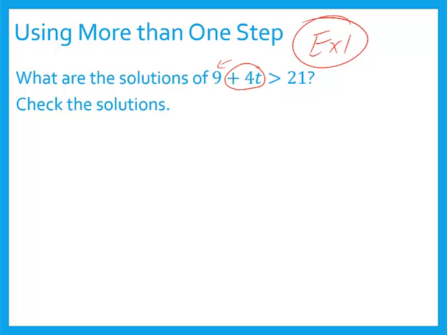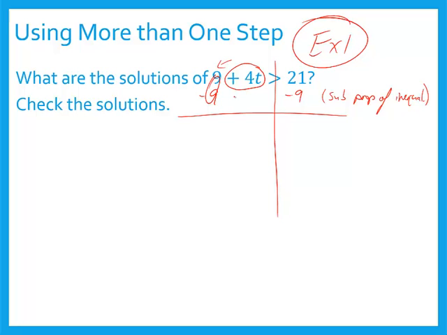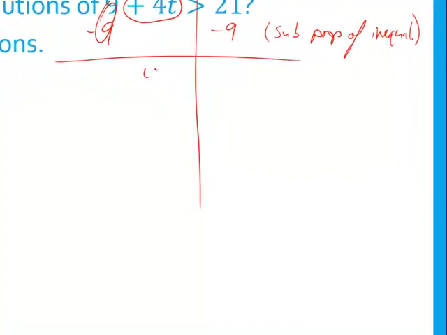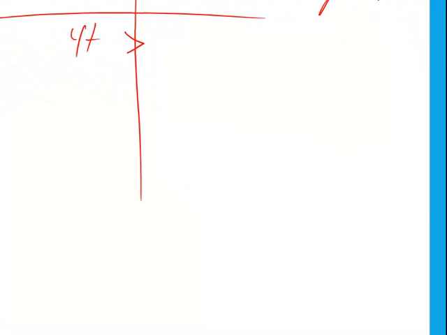Since it's positive, the inverse operation of plus is subtraction, so we need to subtract 9 from both sides using the subtraction property of inequality. Okay, so that'll add to 0, bring down your 4t, and then 21 minus 9 is 12.